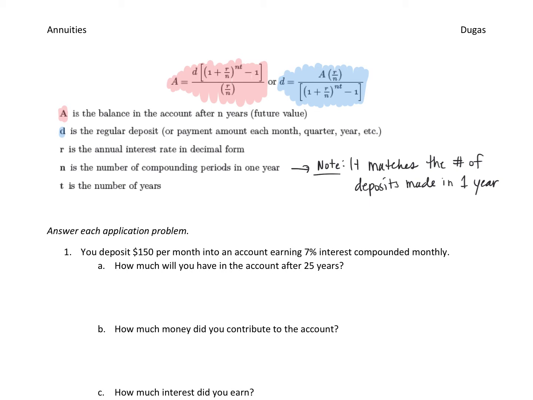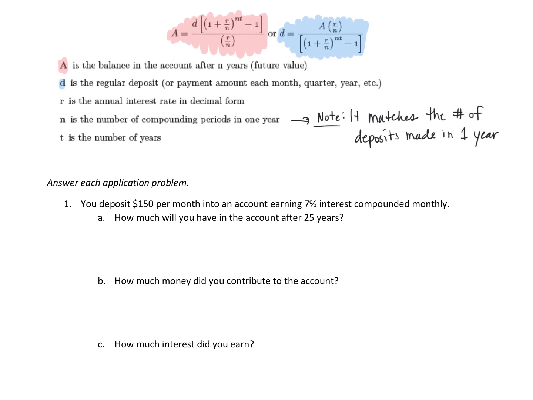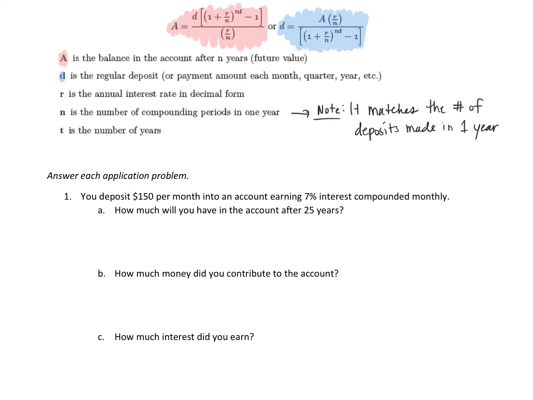So let's look at these and see how we can figure these out. Let's try one. These formulas are much more complicated than the formulas we've looked at prior to this section, but we're going to figure out how to plug everything in, and then it's just a matter of putting it in your calculator and solving. So you deposit $150 per month, so that's D. We can label these as we go.